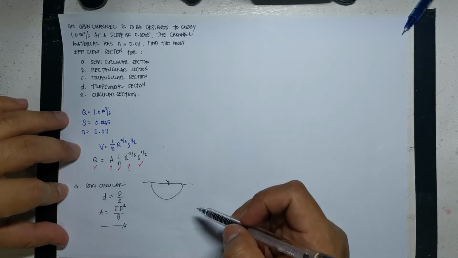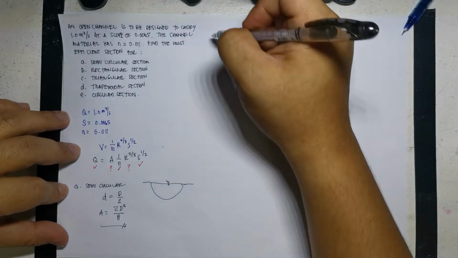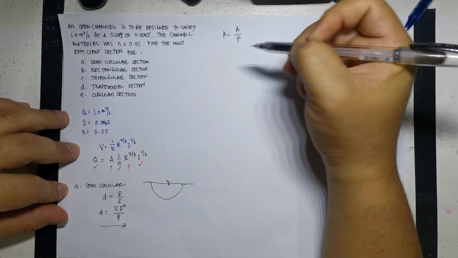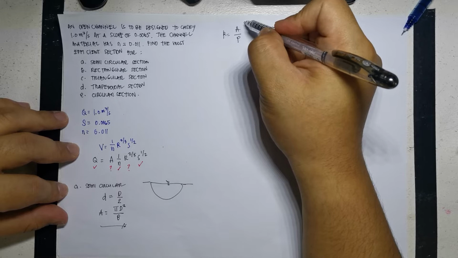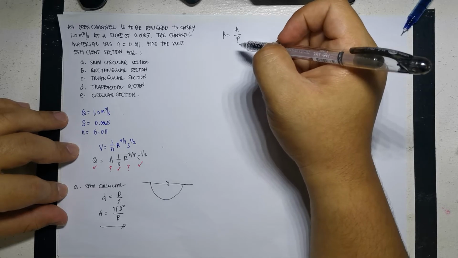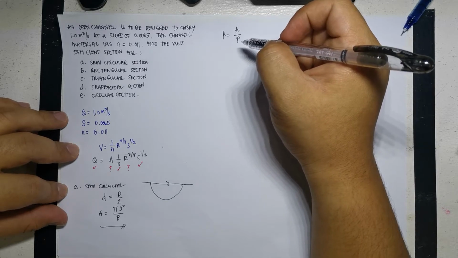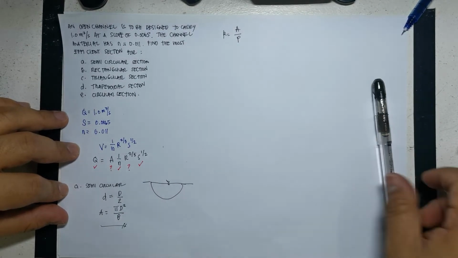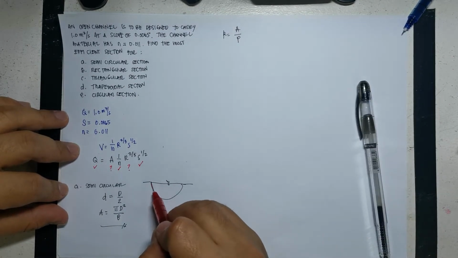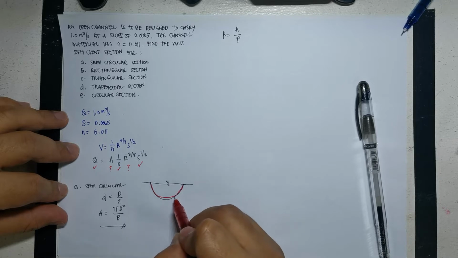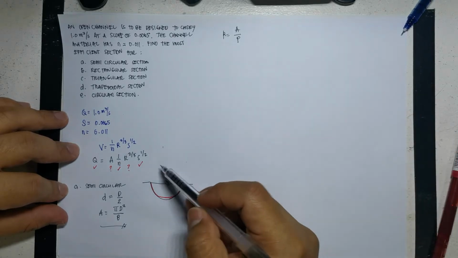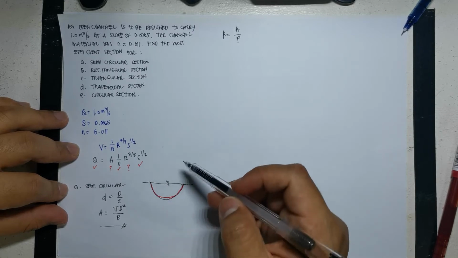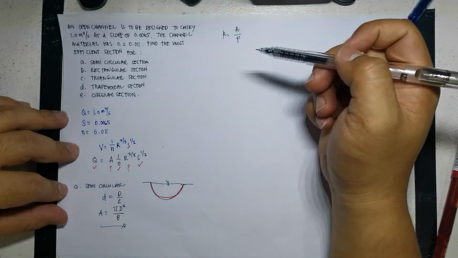Then, kukompute naman natin si hydraulic radius, which is equal to A over P. So meron na tayong expression for A, that is pi d squared over 8. Kukunin naman natin si P. Si P is equal to the wetted perimeter, which is 1/2 the circumference of the circle that will be formed using this diameter.